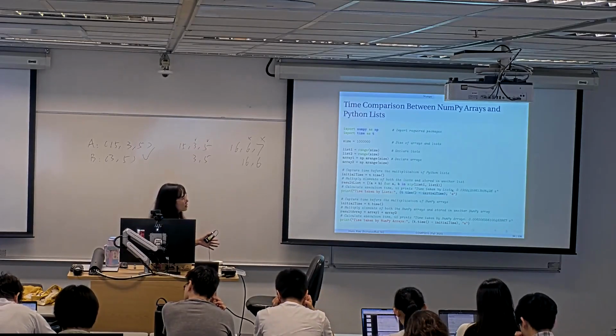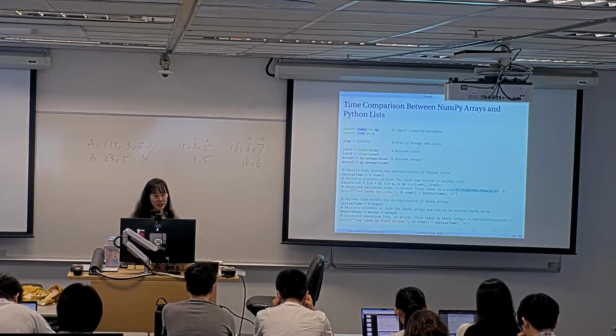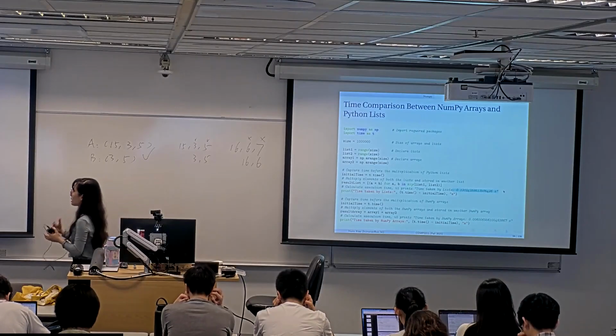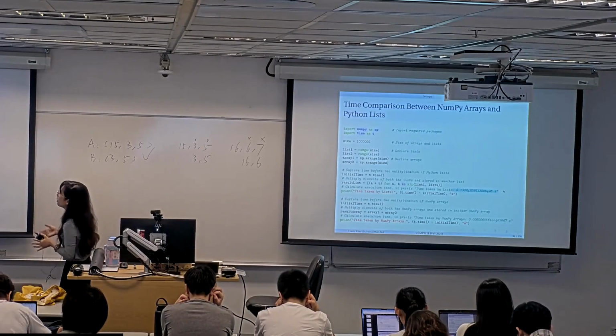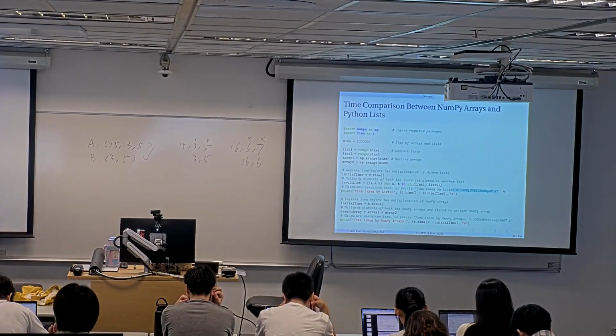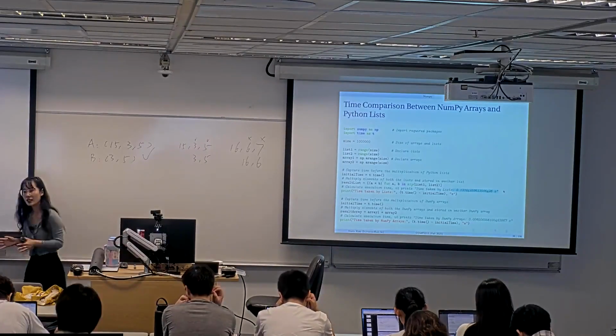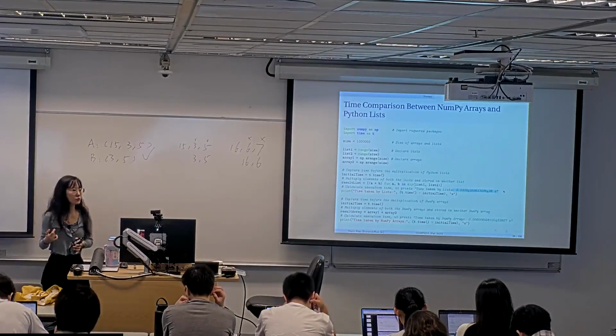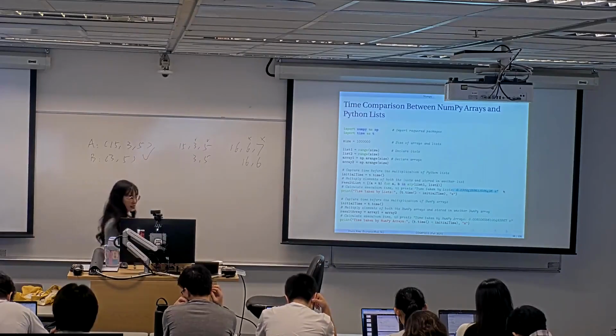And we get that for such an operation, the element-wise multiplication of 1 million elements using a list, it costs 0.13 seconds. Of course, you will see that, okay, 0.13 seconds seems still very fast, right?